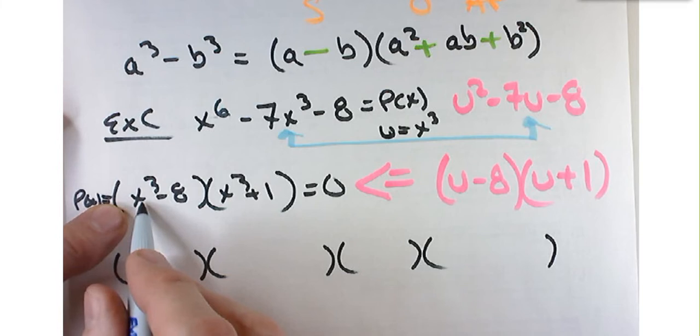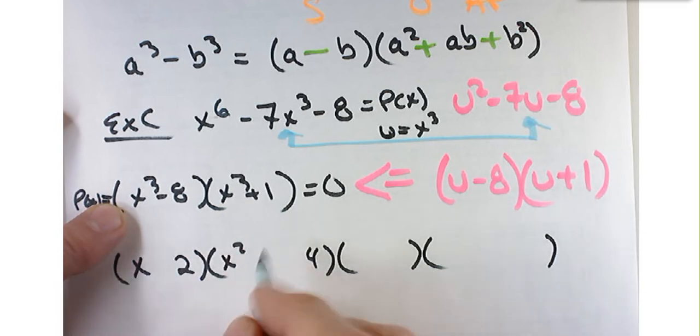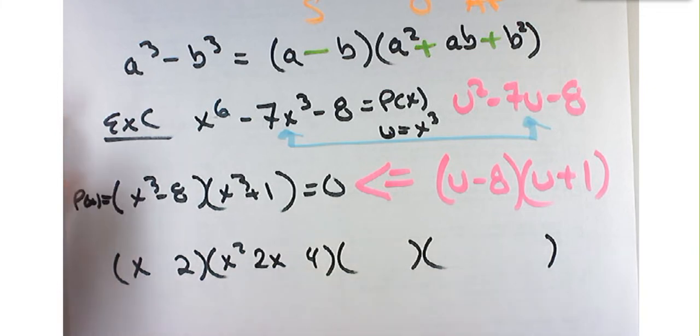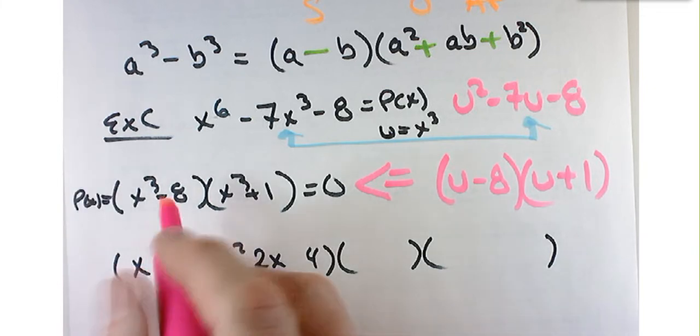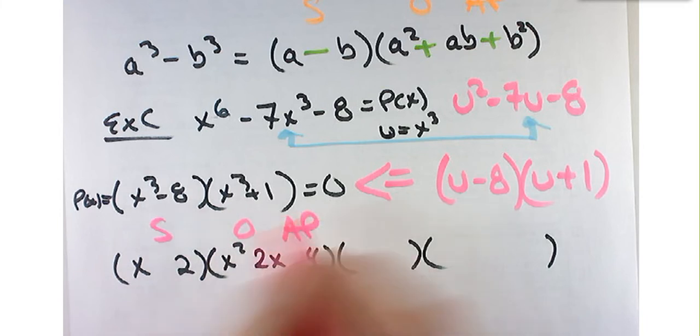Let's see, what do you cube to get each of these? An x and a 2. And then x times x is x squared, 2 times 2 is 4, 2 times x is 2x. Same sign, opposite sign, always positive. Minus, plus, plus.